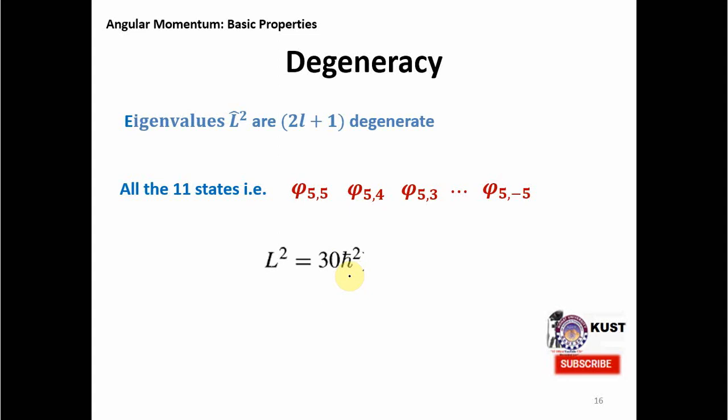So in today's lecture, to recall what we have done, we divided this lecture into three parts. The first part was the definition of the angular momentum. The second part was the commutation relations, where we wanted to calculate and check the uncertainty principle.